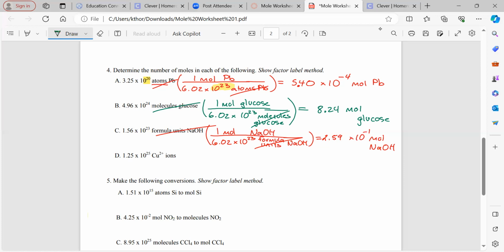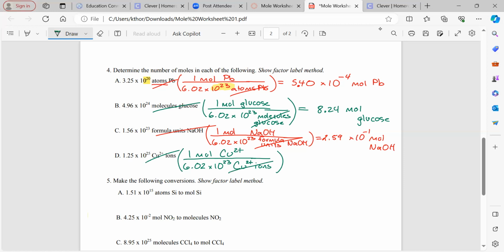Number 4, D, 1.25 times 10 to the 25th copper 2 ions. So that's your representative particle. 6.02 times 10 to the 23rd copper 2 ions is equal to 1 mole of copper 2.